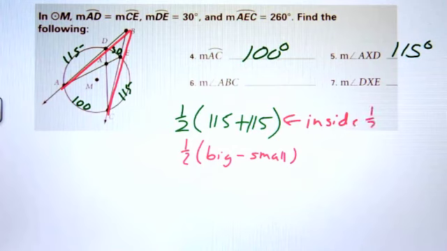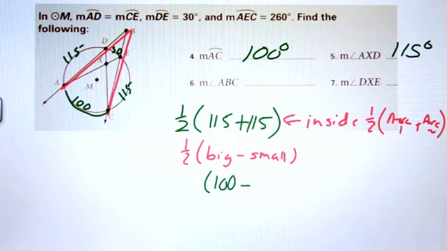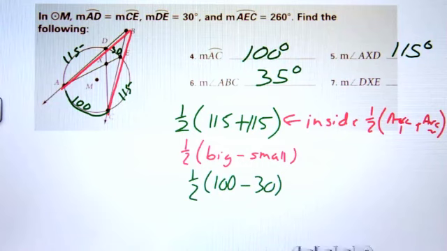Inside is half of arc 1 plus arc 2. So I need a big arc minus the small arc. So what's my big arc? My big arc is going to be the one that's inside, the 100. The small arc is the DE, so it's the 30. And I need half of that. 100 minus 30 is 70. Half of 70 is 35. So angle ABC is a 35-degree angle.